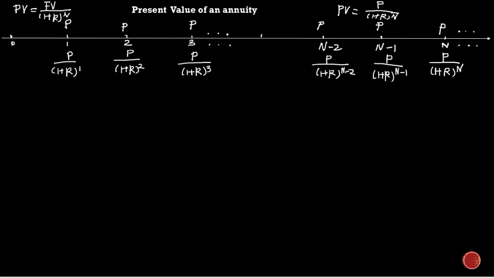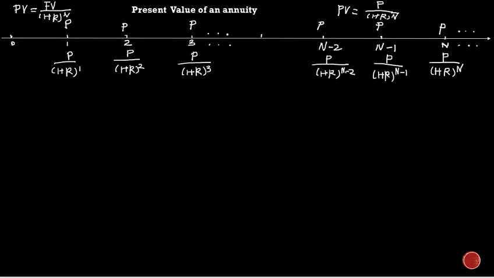So we use this formula: the present value is the future value divided by 1 plus R to the nth power.